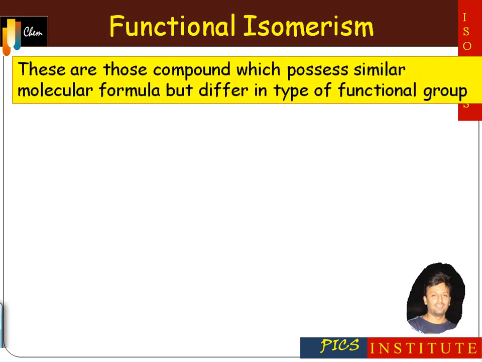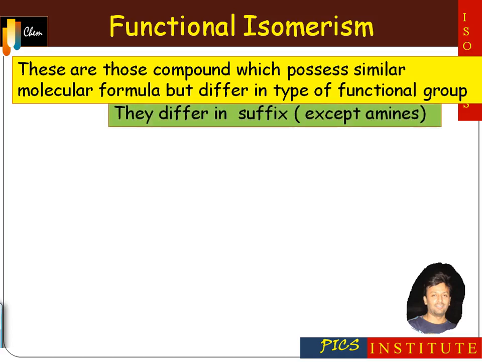Now the third type of structural isomerism is functional isomerism. Functional isomers are those compounds which possess similar molecular formula but differ in the type of functional group. They differ in suffix except amines.